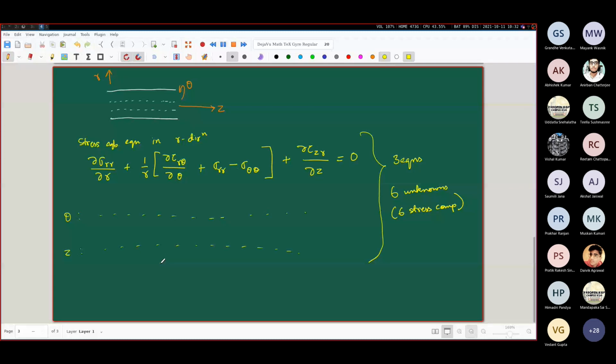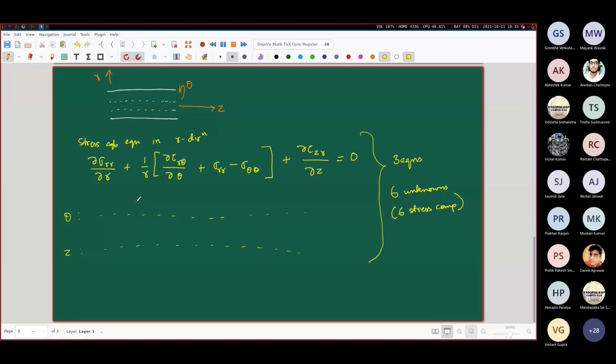I'll give you a hint here. You see there are three equations, and it is our great misfortune, quote unquote, that we have ended up with the unknowns here as the stress components, which are 6 in number. But suppose by some blessing, instead of these stress components, these three equations involved the displacement variables, u, v, and w.